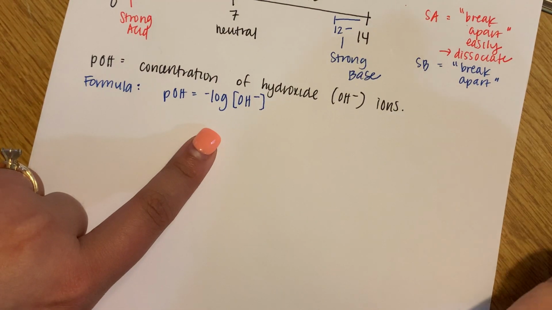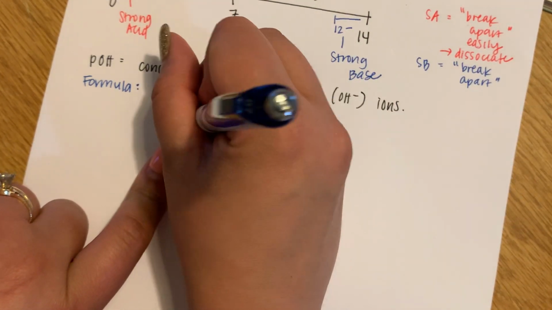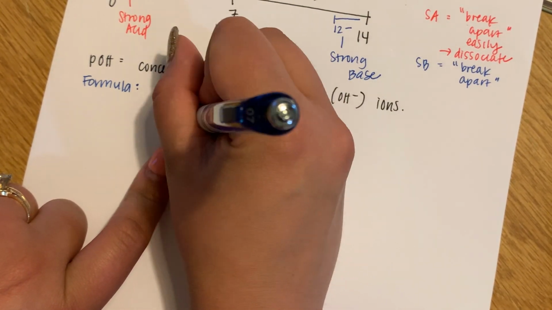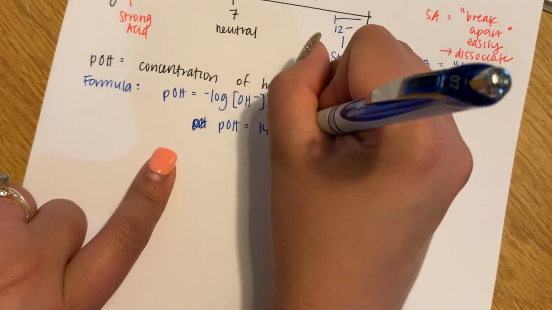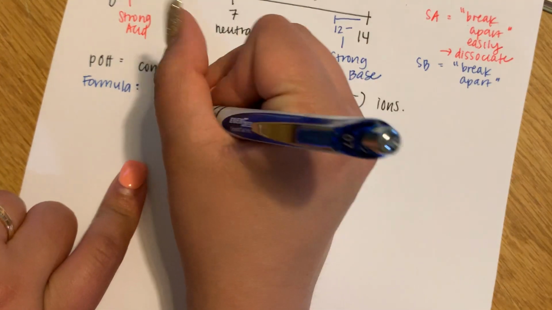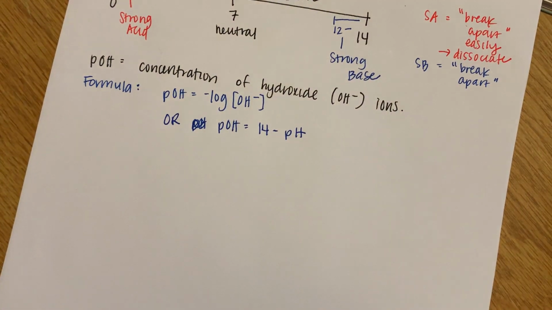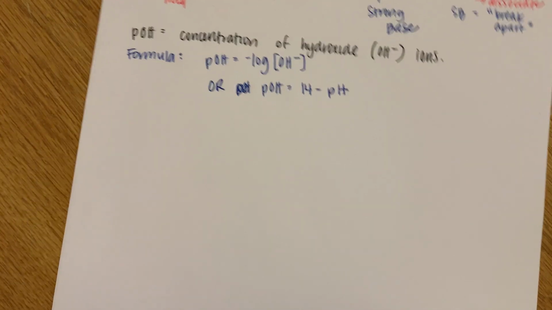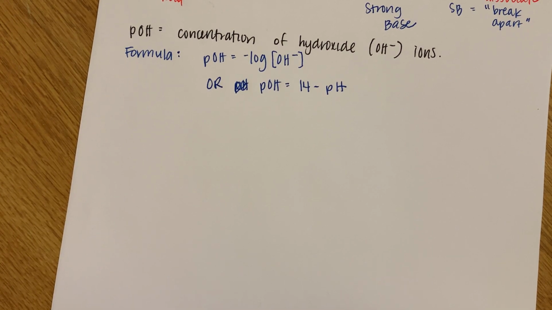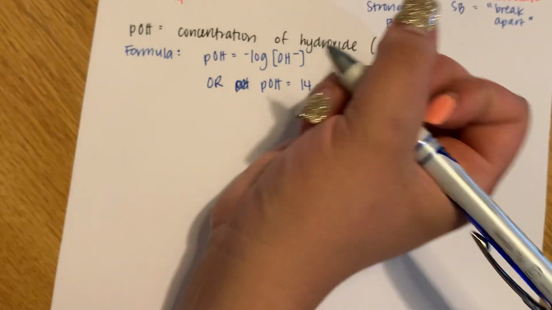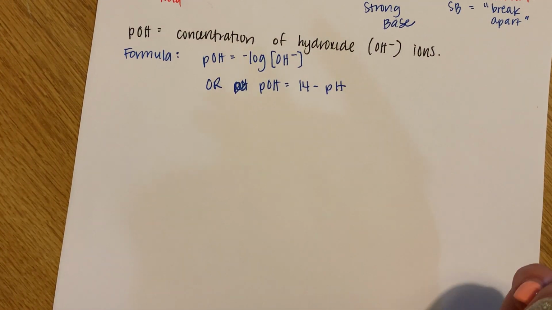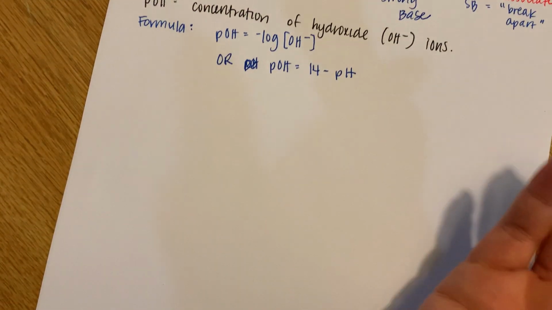So negative log of OH, or we could do pOH equals 14 minus pH, okay? So, review of those. For the relationship between the pH and the pOH scale, guys, it's literally the same scale, just opposite. And it makes sense, right?